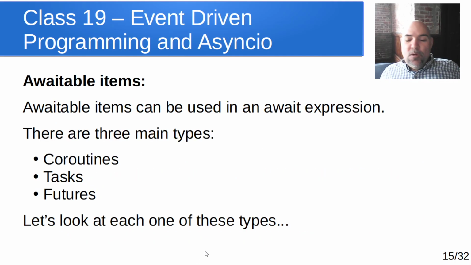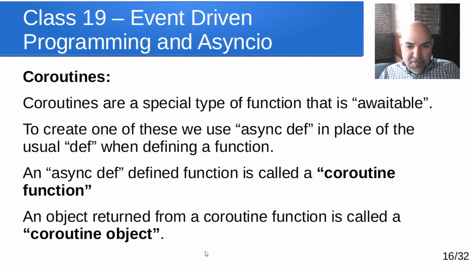Okay, so what are awaitable items? Awaitable items are anything that can be used in an await expression in the language. There are three main types: coroutines, tasks, and what are called futures. We're going to take a look at each of those one at a time. Let's start off with coroutines. Coroutines are a special type of function that's awaitable.